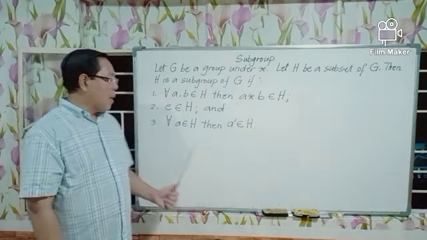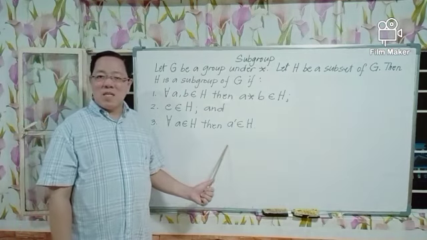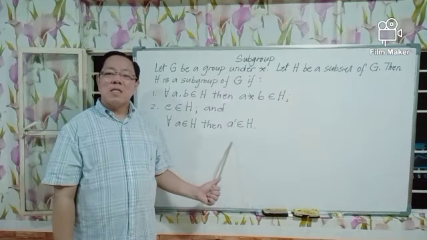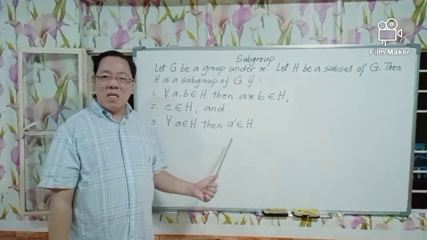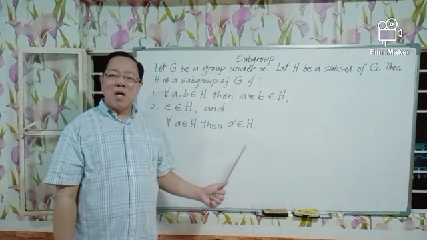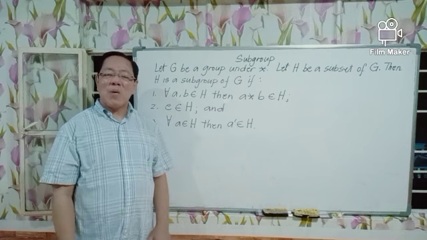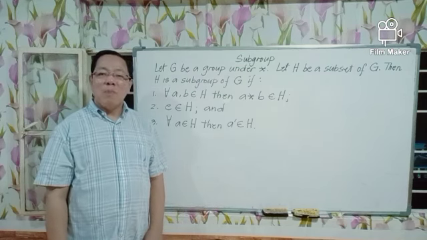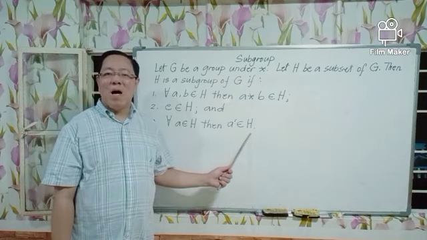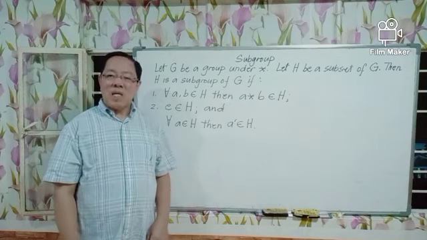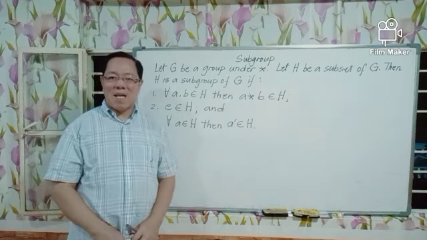But by the third property, if H is a subgroup of G, the inverse element of every element of H must be in H. We are sure that every element of H has an inverse, but we want this inverse element to be also an element of H. We represent that in a diagram.